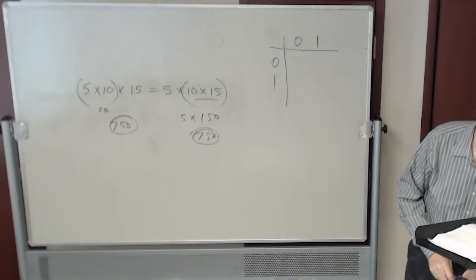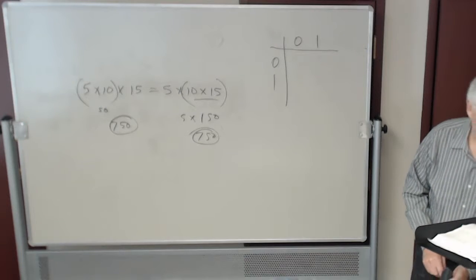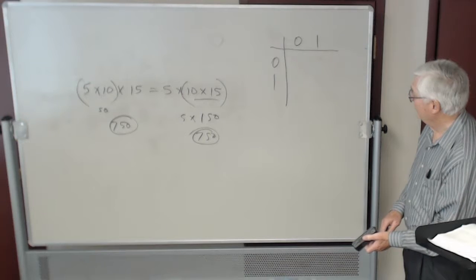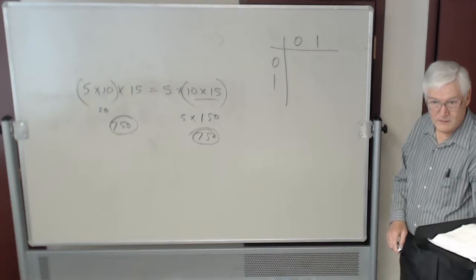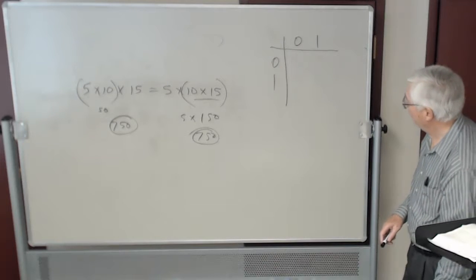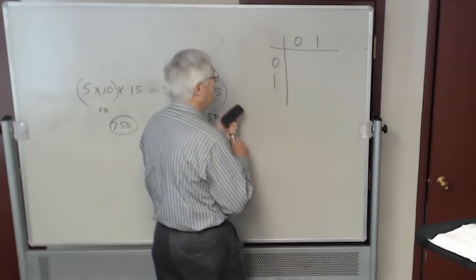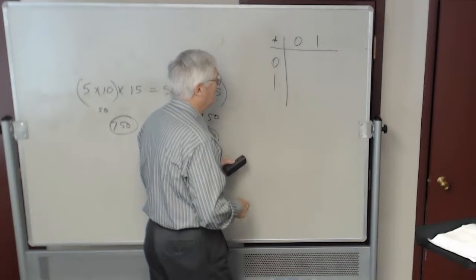Give an example of an operation under which 0 and 1 is not closed. Okay, what happens if you add?